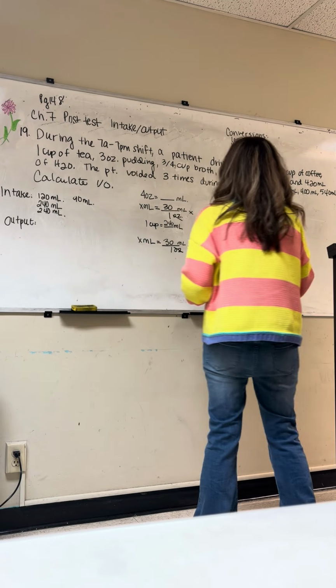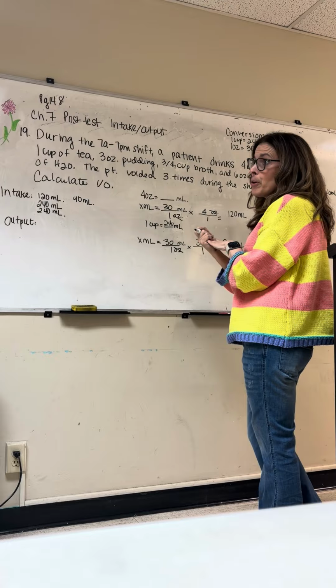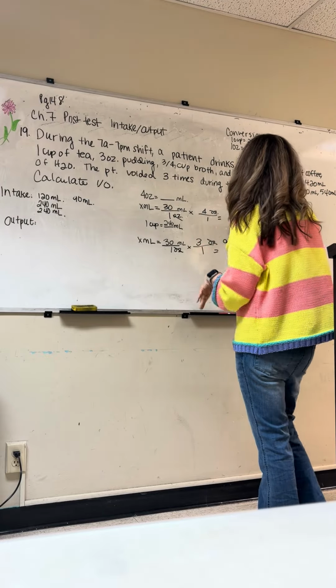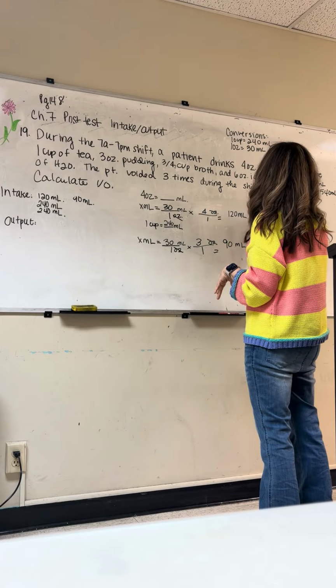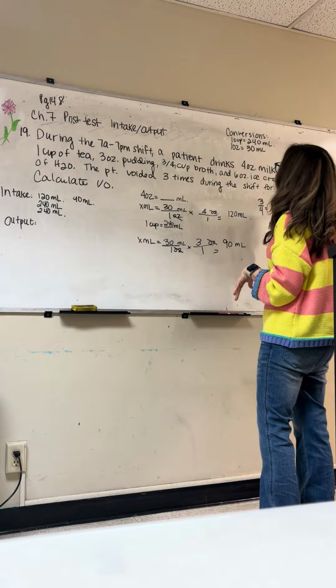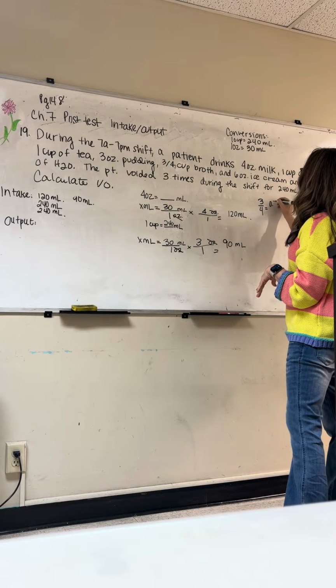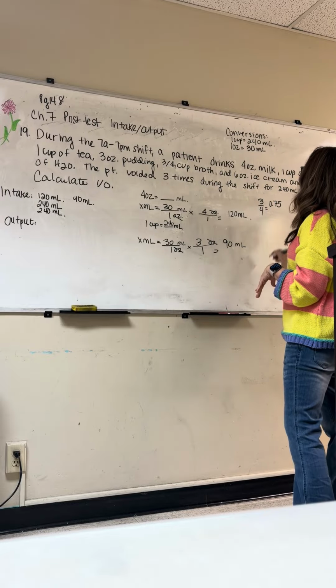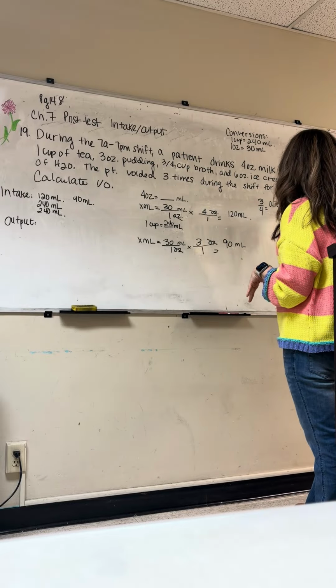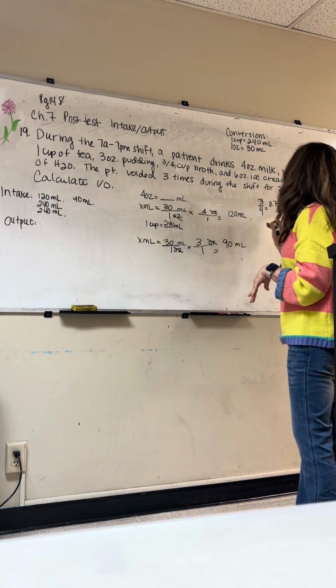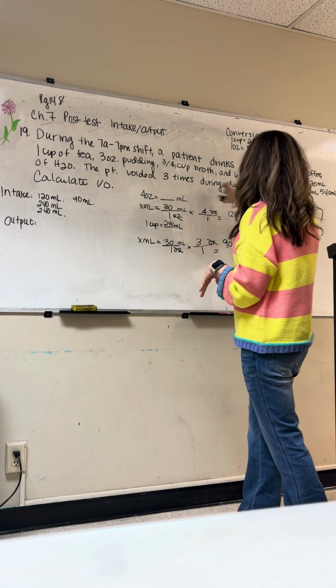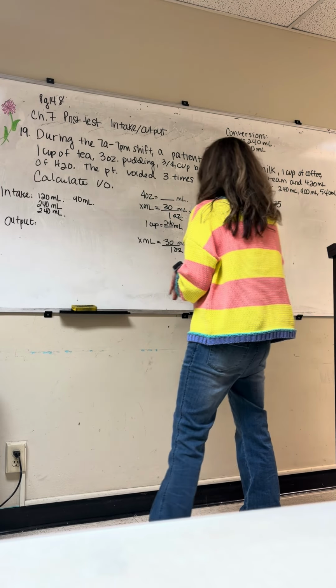Three-quarter cup. All right. So remember to divide fractions. What's 3 divided by 4 to get a decimal? 3 divided by 4 is 0.75. Okay. So what we're going to do is we need to find milliliters for that.